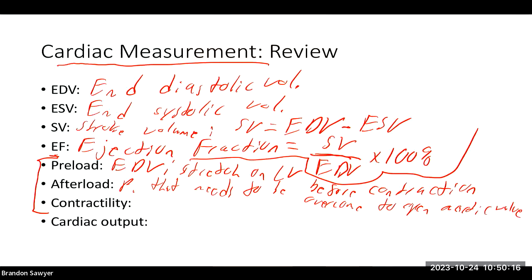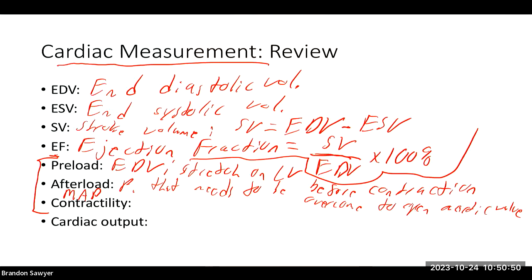So how much pressure do we need to create by the left ventricle to open up that aortic valve? That's afterload. Okay, so any guesses on what we would use to measure this one? How could we quantify that pressure on the other side of the aortic valve? Blood pressure, absolutely. And the best way to do it is what's called mean arterial pressure, which is our average blood pressure, kind of the average of diastolic and systolic blood pressure together, mean arterial pressure.